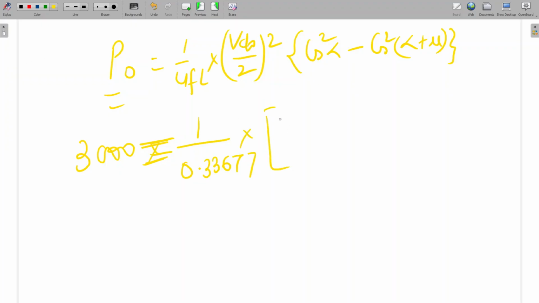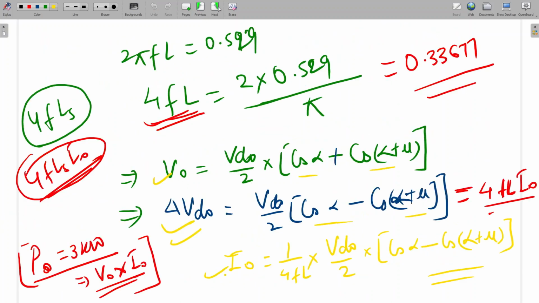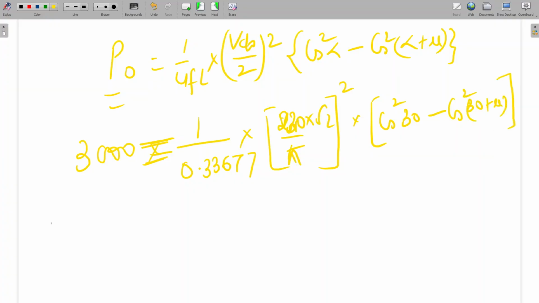Vd0 by 2 is Vm upon pi. So Vm is 230 into root 2. So (230 into root 2 by pi) whole square into (cos square 30 minus cos square (30 plus mu)). So this equation only we have to solve to find the mu value.